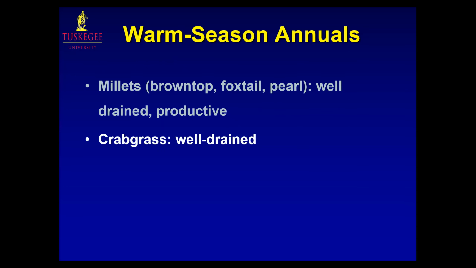Crabgrass is a warm season annual, but this crabgrass will reseed very well. So if you have established crabgrass once, it will come back if it has a chance to produce seed, if the animals do not eat everything. So it has a very good reseeding capacity, and well-drained soil is suitable for growing crabgrass.